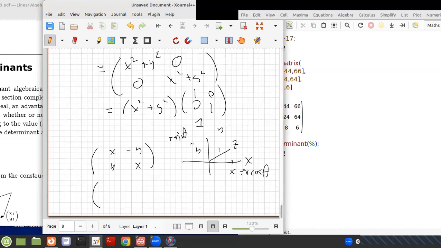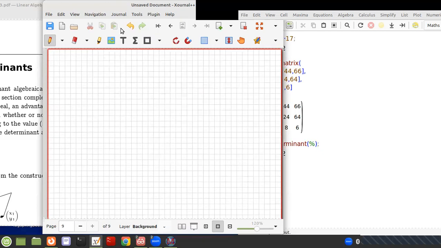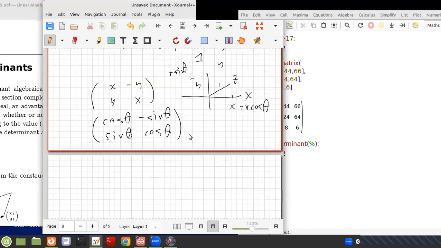So if this r is 1, that basically means it's going to be a complex number of magnitude 1. If I do that, what is the complex number? Well, it's basically going to be (cosine theta, minus sine theta, sine theta, cosine theta). This is the matrix that implements a rotation by the angle theta in two dimensions.